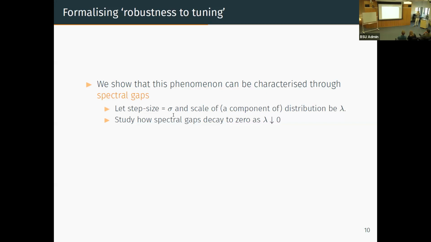And we looked at how fast the spectral gaps decayed to zero as this variance goes to zero. The idea is that if the spectral gap decays at a slower rate, then the algorithm is a bit more robust to choosing too big a step size.